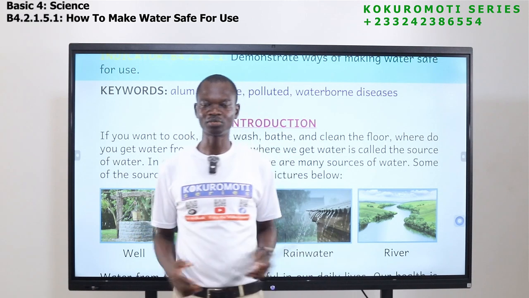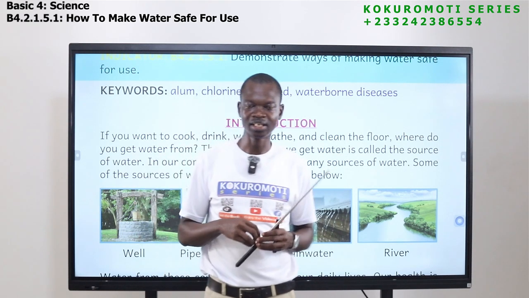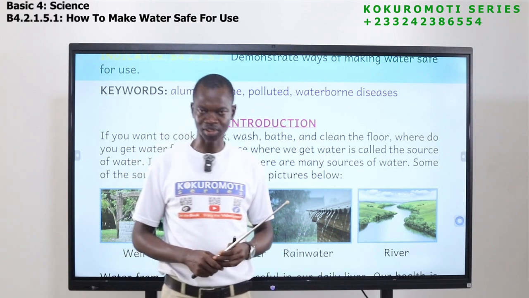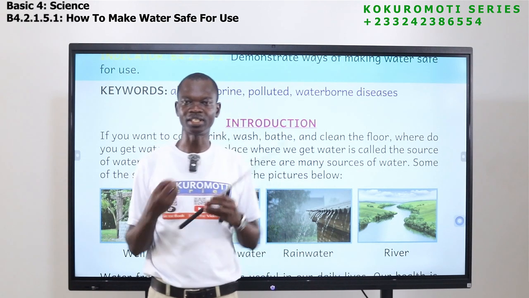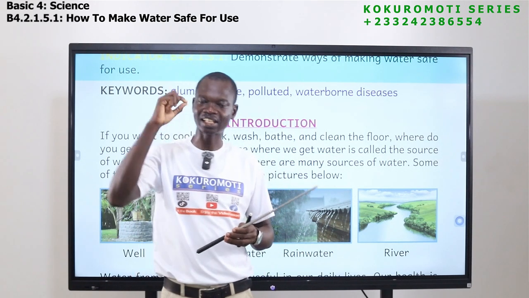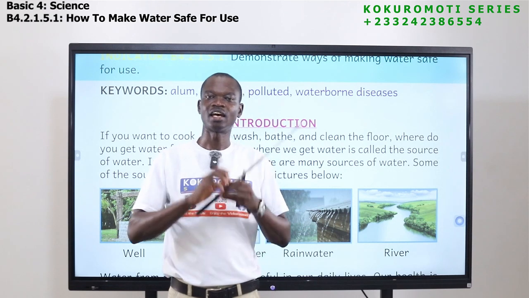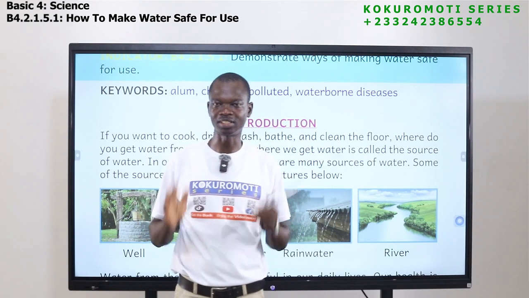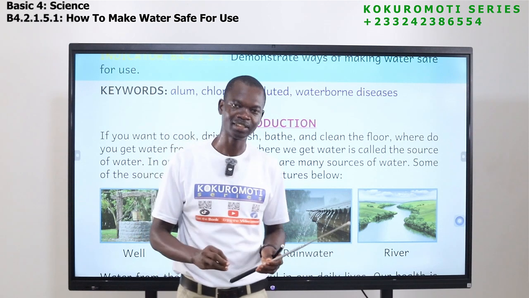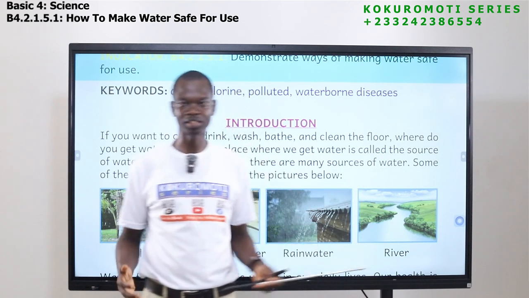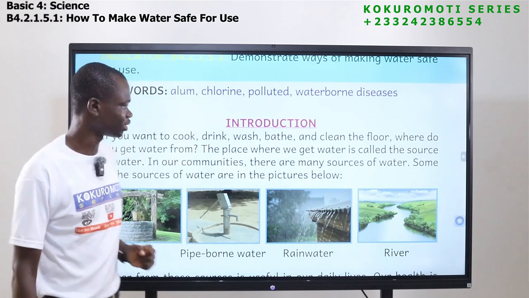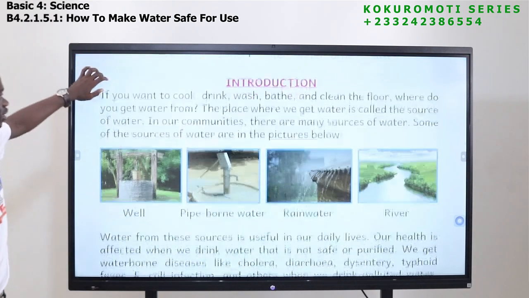If the water is clean and you use it, you will not get any waterborne disease. But if it is dirty, if it is polluted, that is where we get waterborne disease. So these are the words that we are going to see in the lesson.